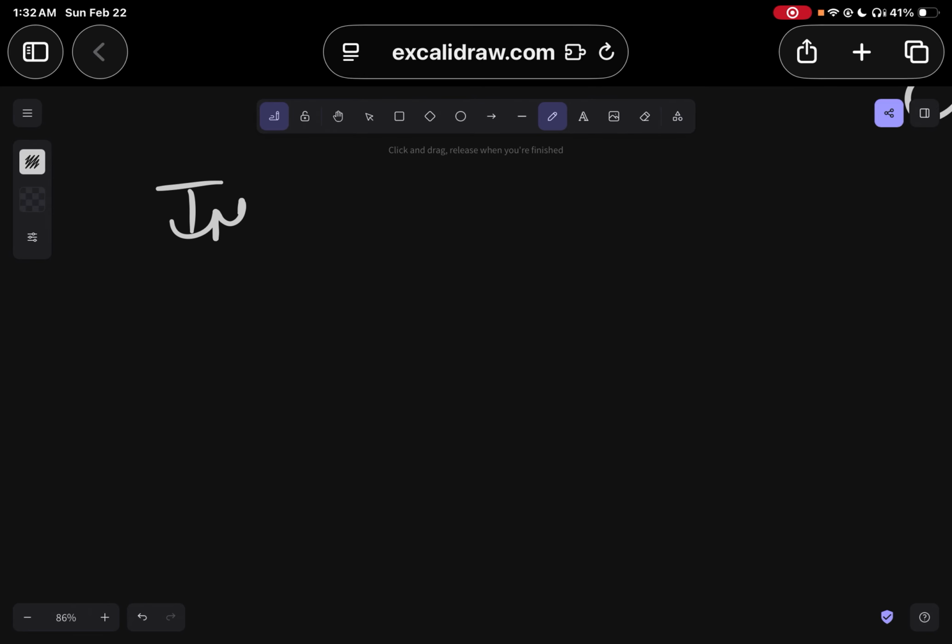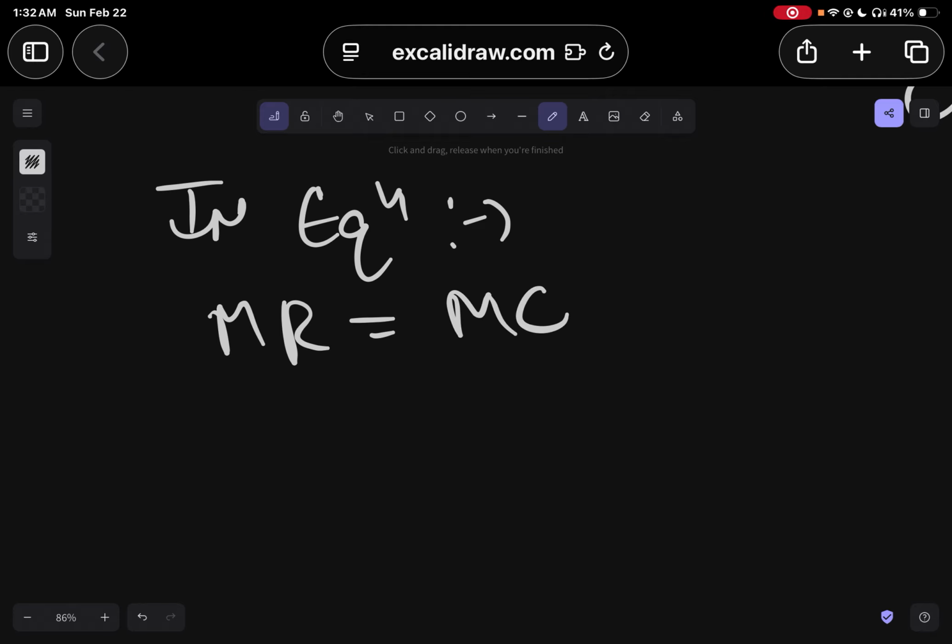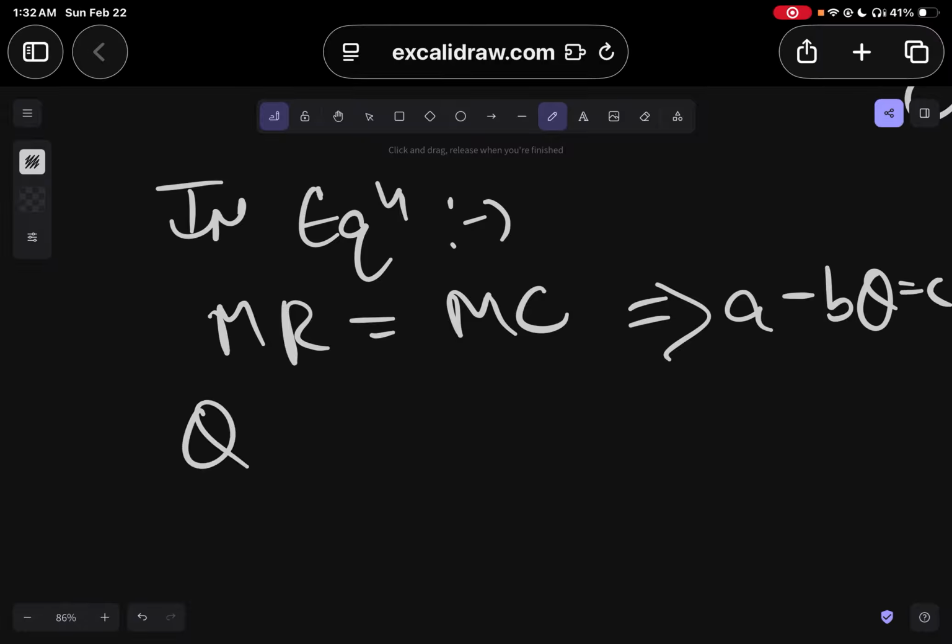In equilibrium, MR is equal to MC, which is A minus 2BQ equals C. Quantity produced by the monopolist will thus be A minus C upon 2B.